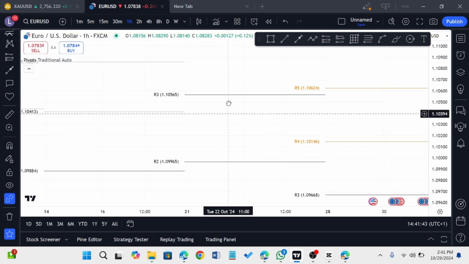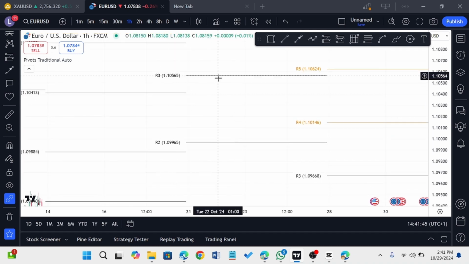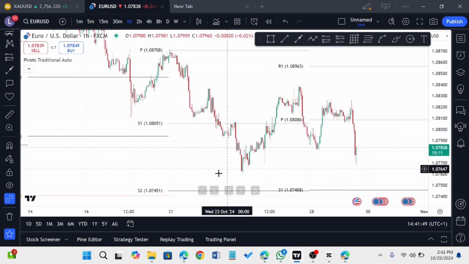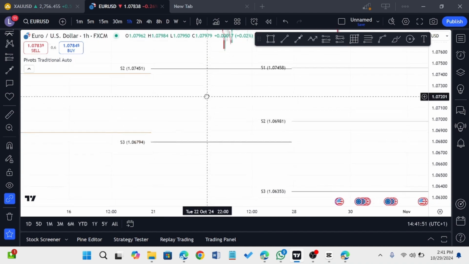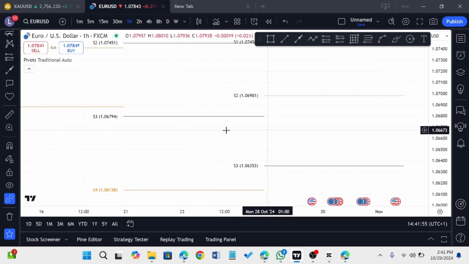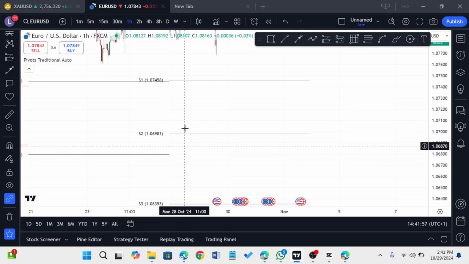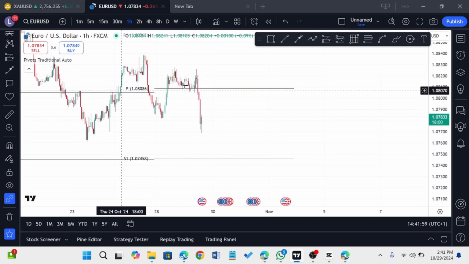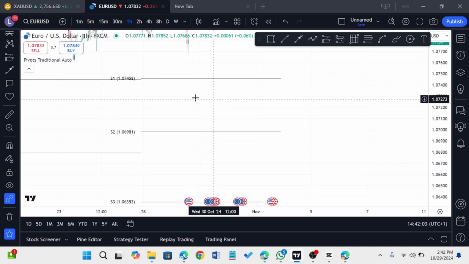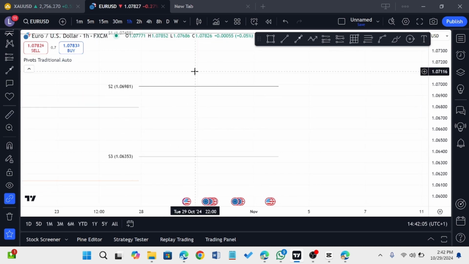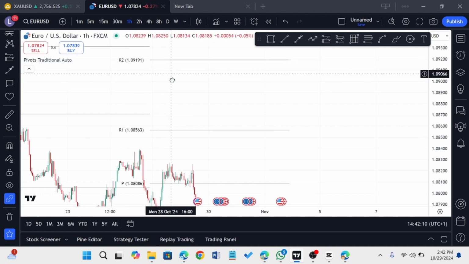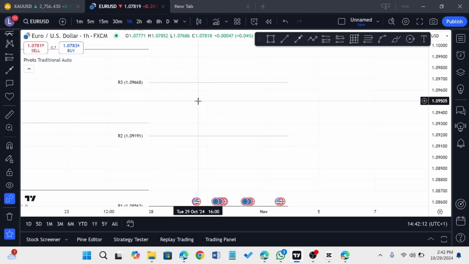But it can. But I prefer to just stop at R3. And there's S1, S2, and S3. And the next day you have central pivot P, S1, S2, these are support levels, S3, and you have resistance level R1, R2, and R3.